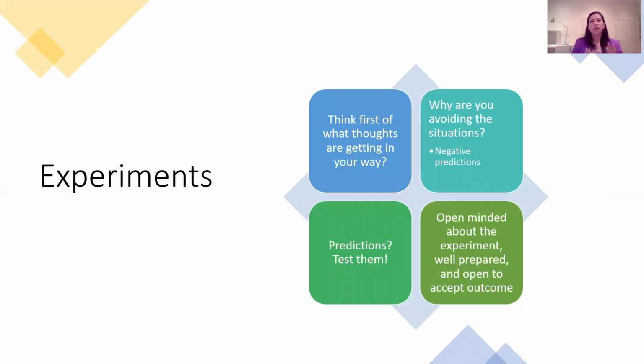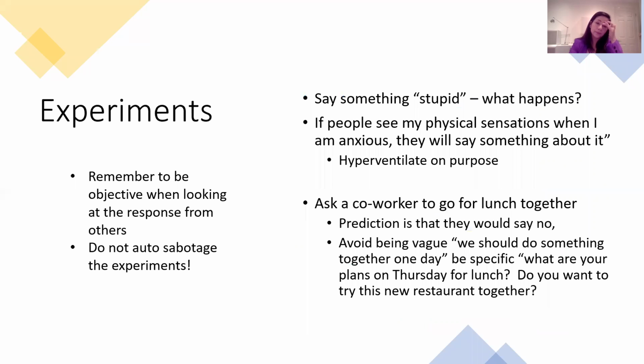So, in order to engage in these experiments, really think first of what thoughts are getting in your way. Why are you avoiding the situations? Is it because you have a negative prediction of the situation? So test them and be open-minded about the experiment, well prepared and open to accept the outcome.